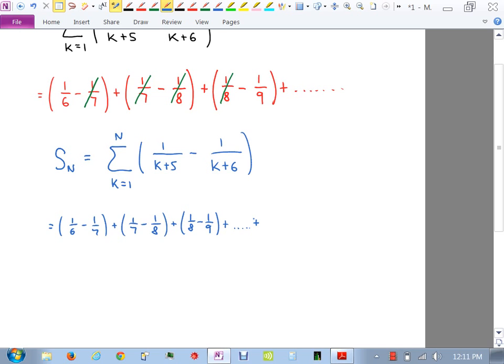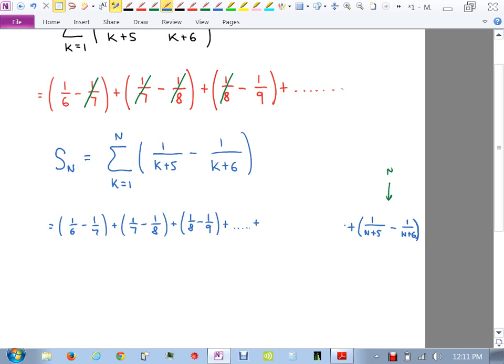Where does it stop? At n. So over here on the back side, what would you get if you plugged in n? This is what you get if you plug n in right here. What is it? 1 over n plus 5 minus 1 over n plus 6. That all right?